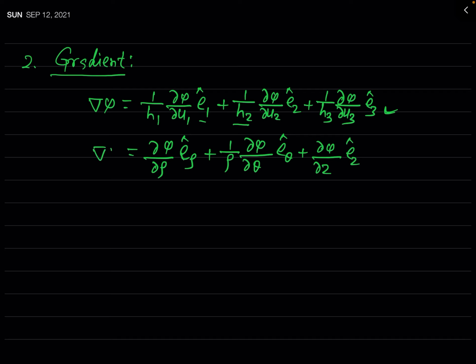So this is the expression for the gradient of a scalar function phi in the cylindrical coordinate system.